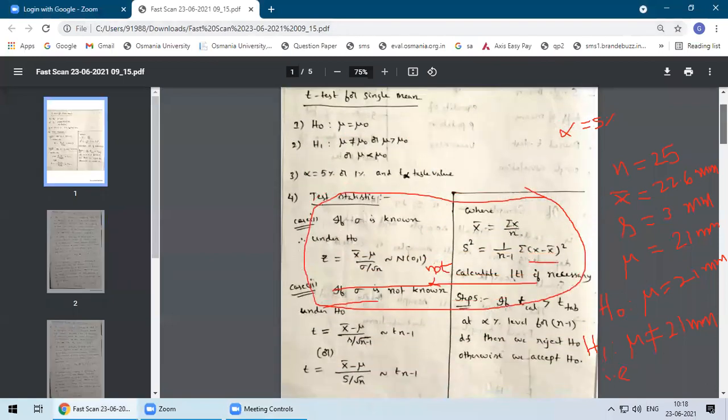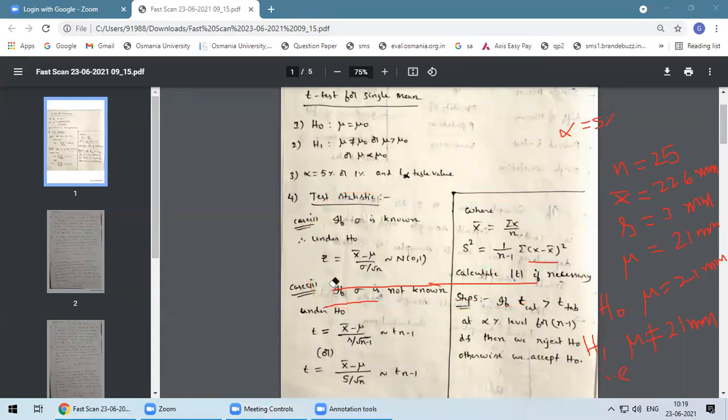Here, is sigma given or not given? Population standard deviation is not given here. Whenever population standard deviation is not given, you use the second case.